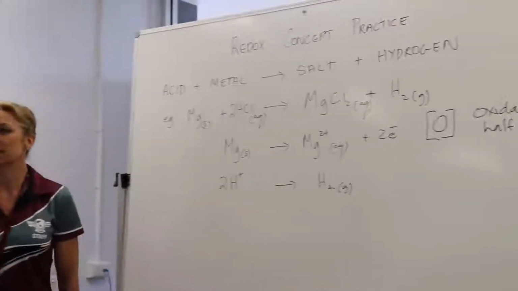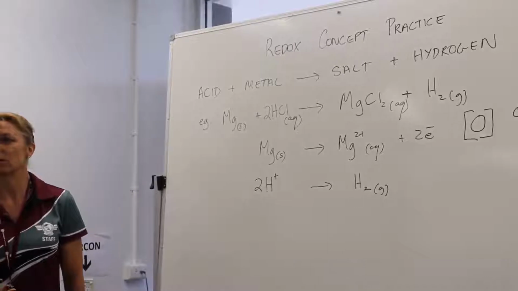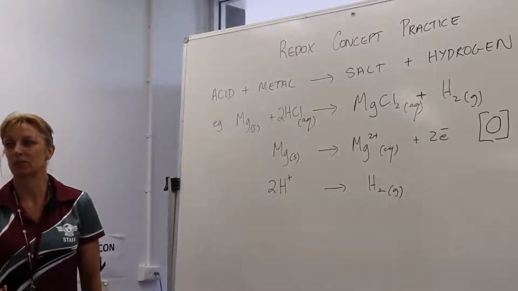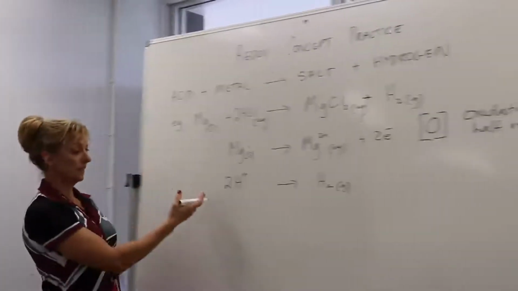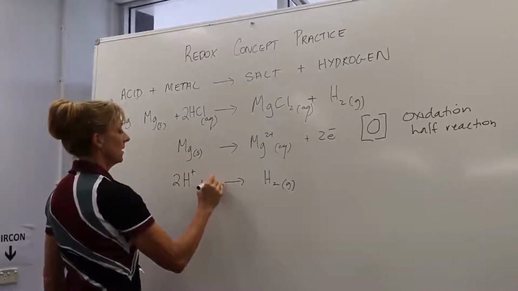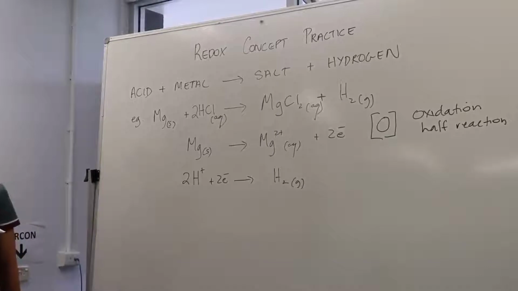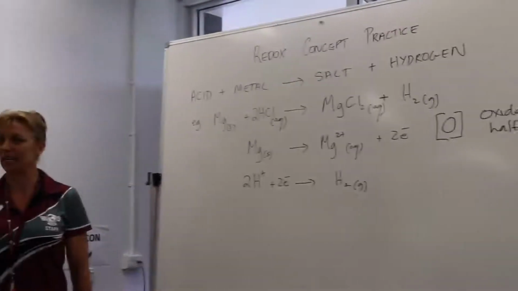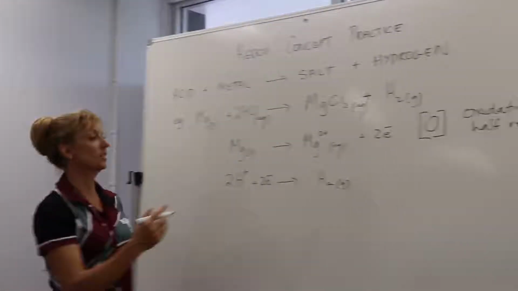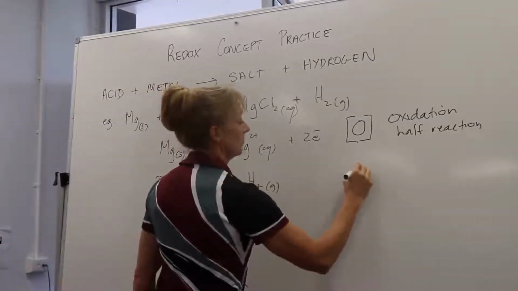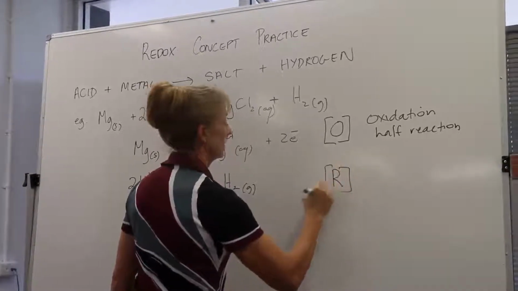And now we need to balance the charge on both sides. What side do I need to add the electrons to make sure it's balanced? This side, very good. And is it losing or gaining electrons? Gaining, yes. Therefore it is a reduction half reaction, written like this.